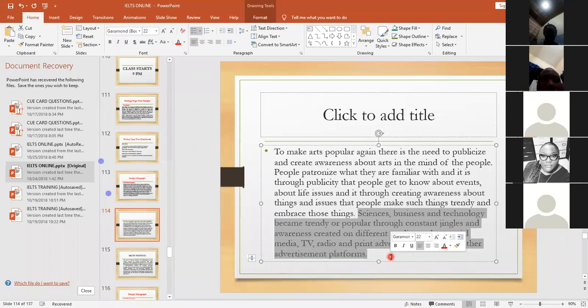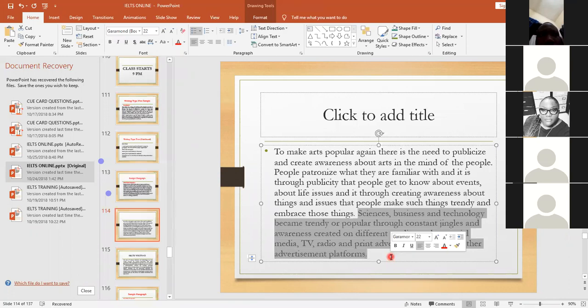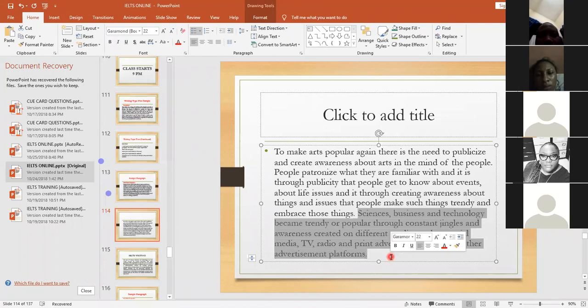So when you make any point, for you to score higher, for you to score a good mark, you need to illustrate your points. You need to validate your points if possible. Give examples, give statistics, cite authority. Those are the ways to validate.